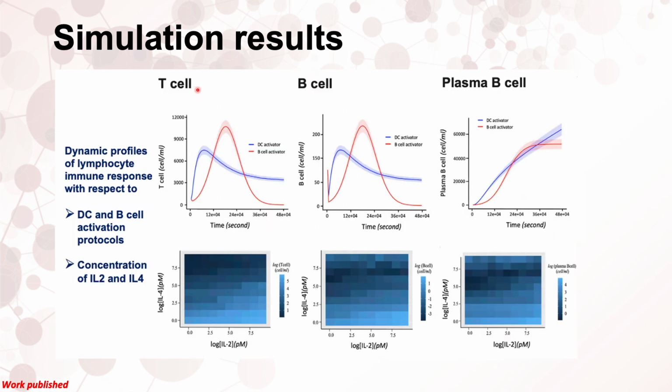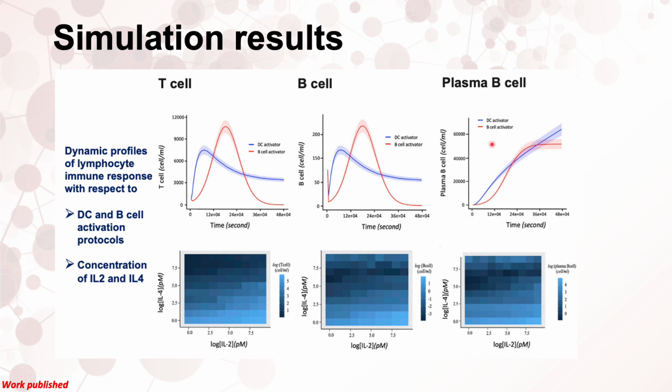The proliferation of T cell and B cell increases to a maximal level, followed by degradation, regardless of the immune system activation agent. However, the maximum number of T and B cells produced during their proliferation life cycle depends on the activation agent. For example, a B cell activating agent leads to a high maximal level of T and B cell proliferation.